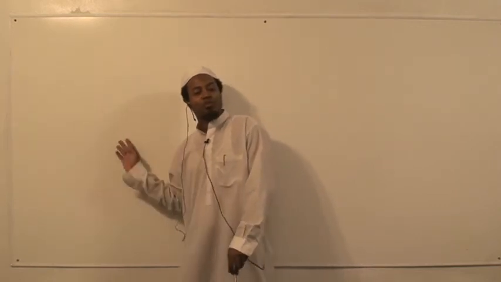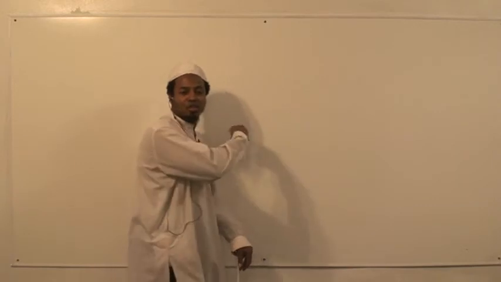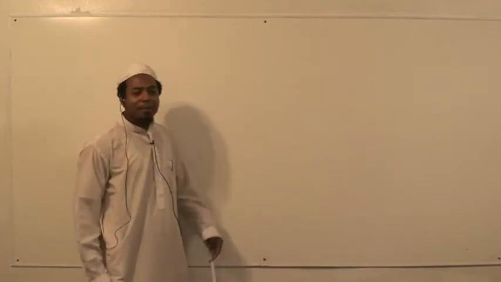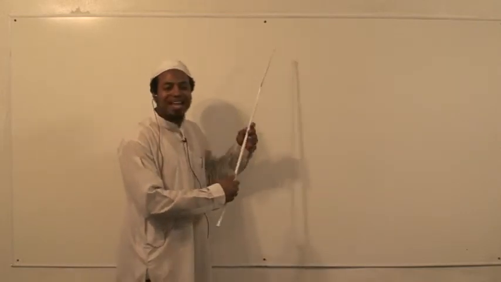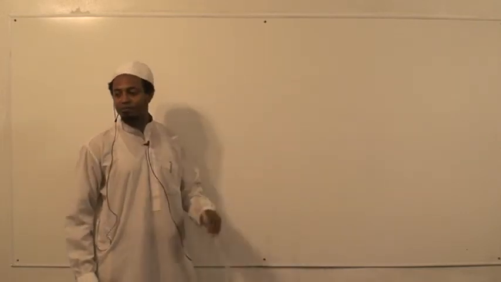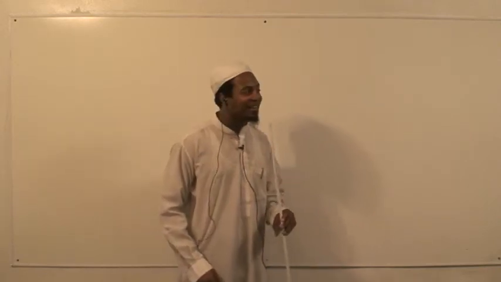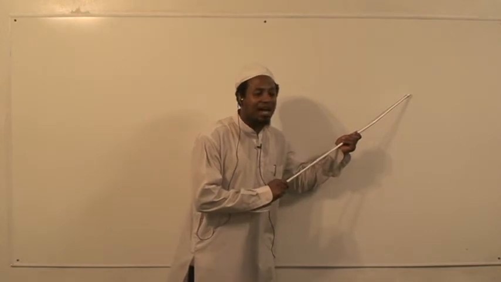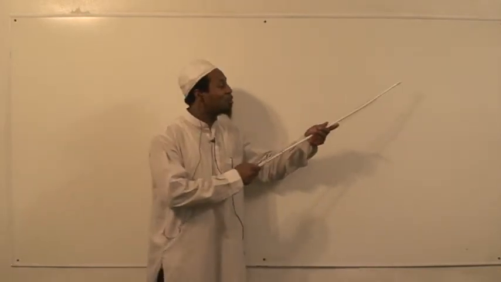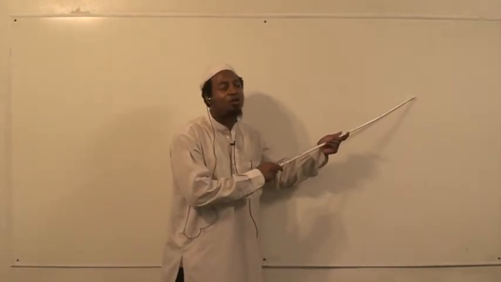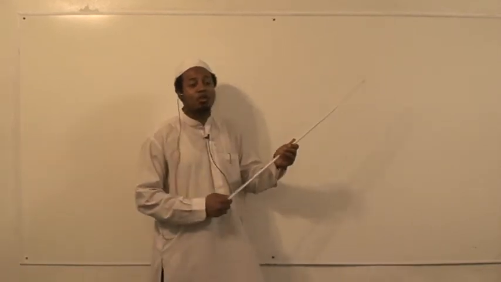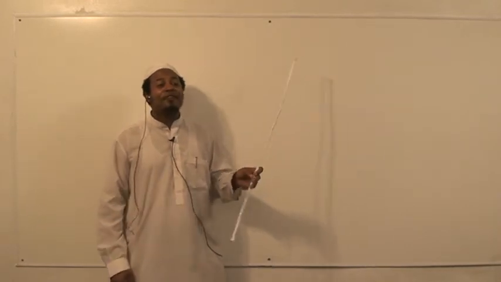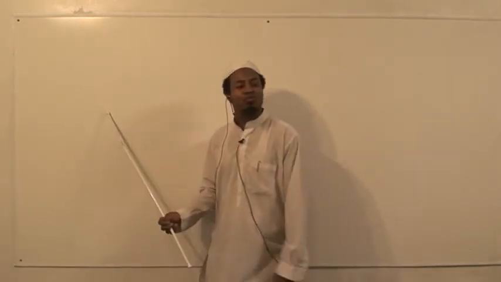That's what happens with an ism. But the fi'lun, they don't do that, do they? They're both mabni, right? Except the fi'lun mudari, because the fi'lun mudari is called the verb that is like the ism. Because a fi'lun madi is mabni on a fatha, and fi'lun amri is mabni on a sukoon. And a fi'lun mudari is like the ism.